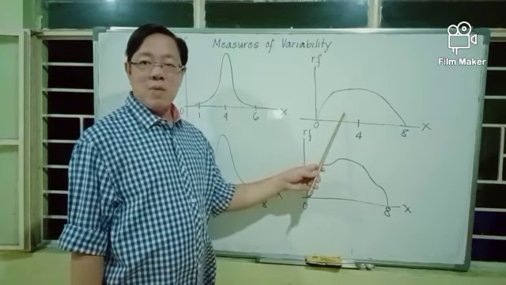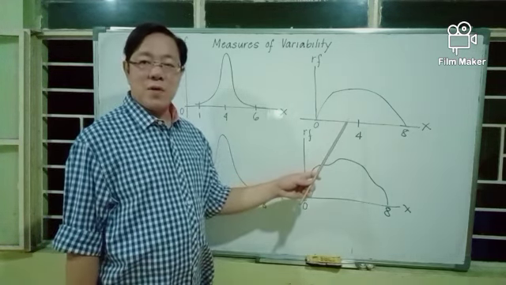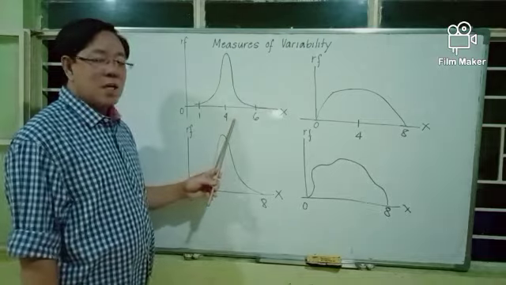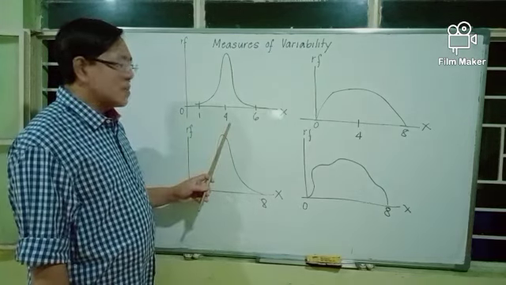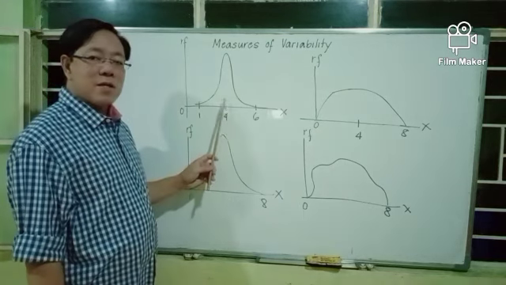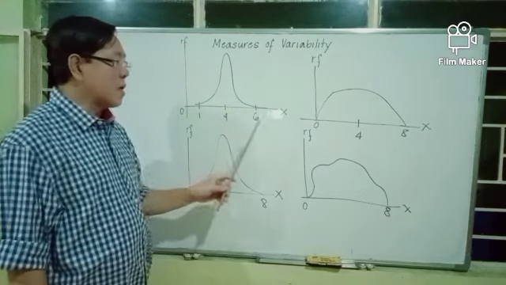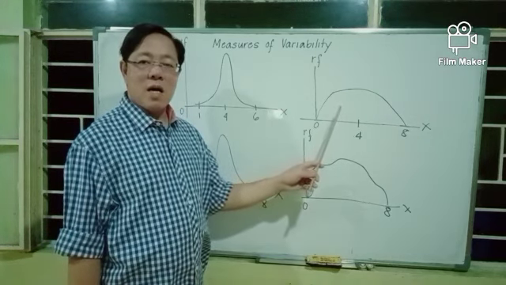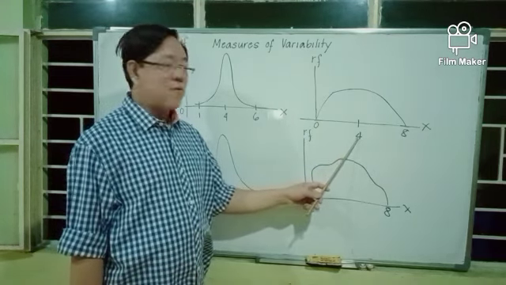But by inspection of these two representations of the two distributions, the measurements in the second distribution of values are more dispersed from the central value 4, while in this set of measurements represented by this graph, the measurements are centered, or they are close to the central value 4, while the values in this set are scattered away from the central value.